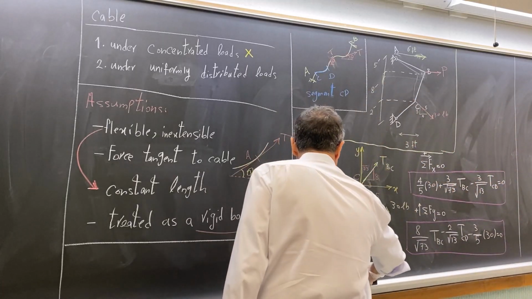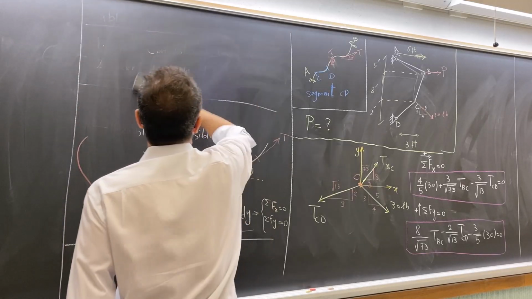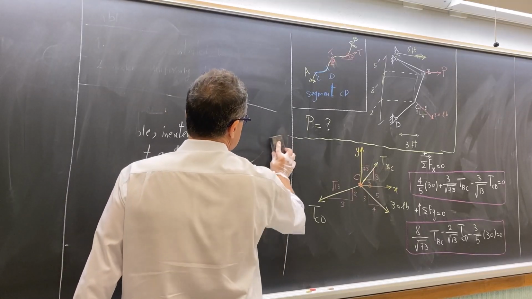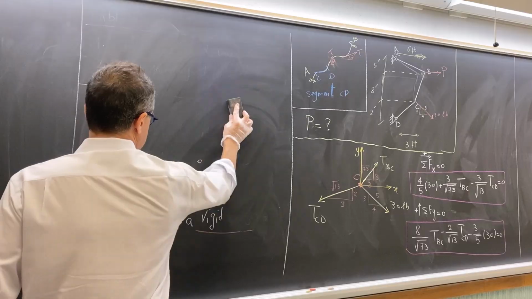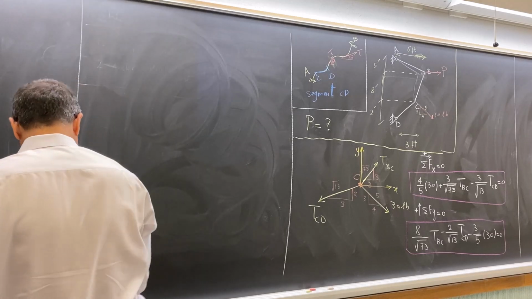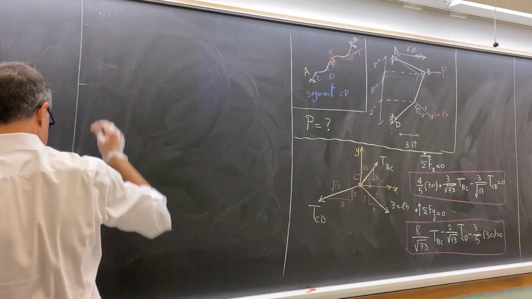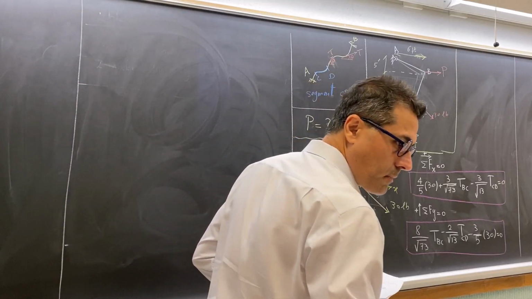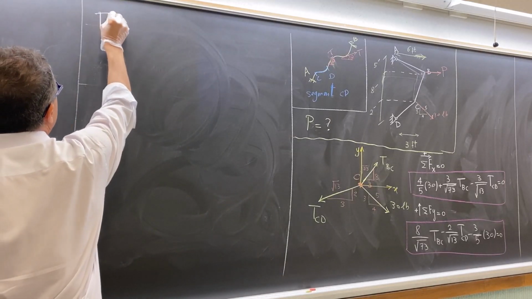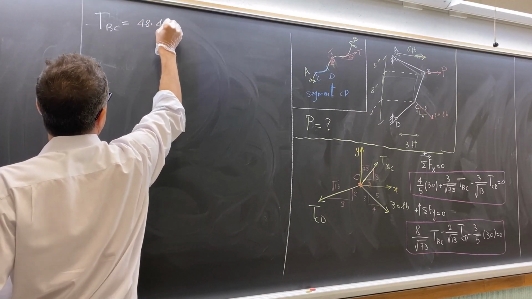So I'm going to write it here. After solving this system of equations, we find TBC, which is 48.41 pounds.